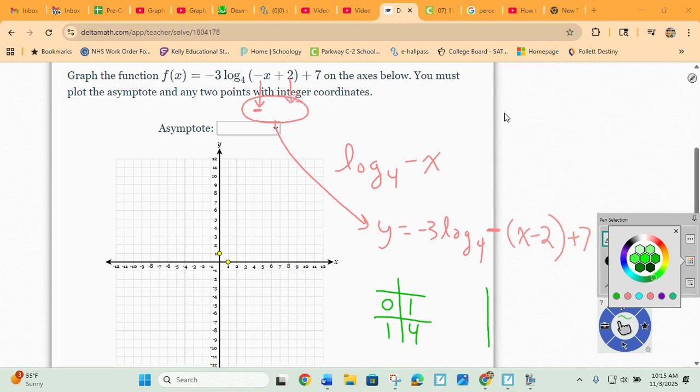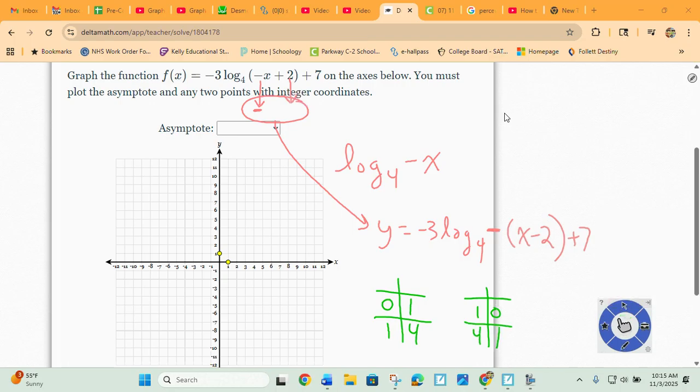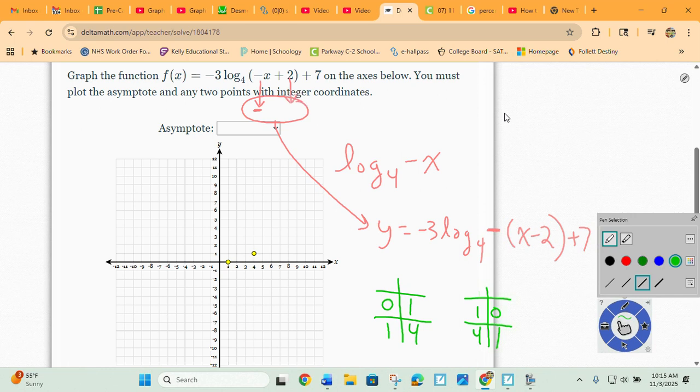So it's going to be flipped: 1 and 0, 4 and 1. All right, so we're going to go ahead and move our things, 1 and 0, 4 and 1. So we got that down. And now we're going to notice we are going to do this part, and this part right here is our multiplier.